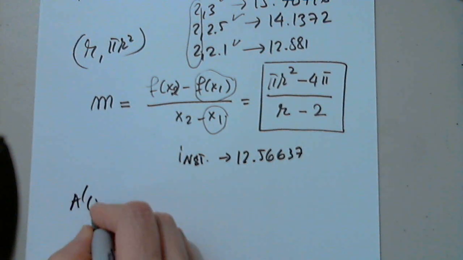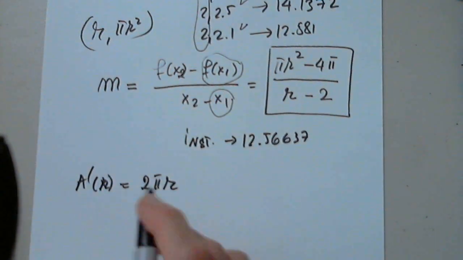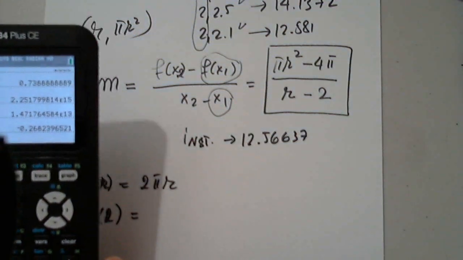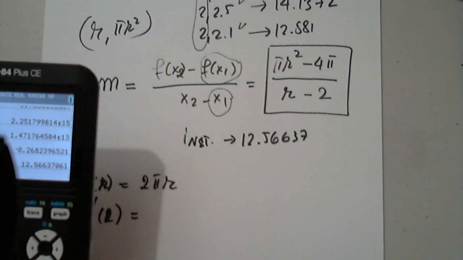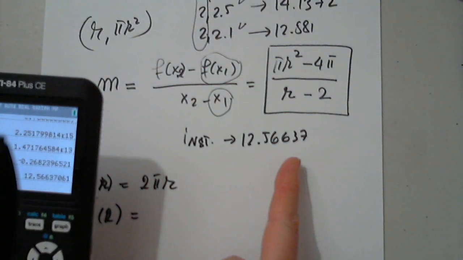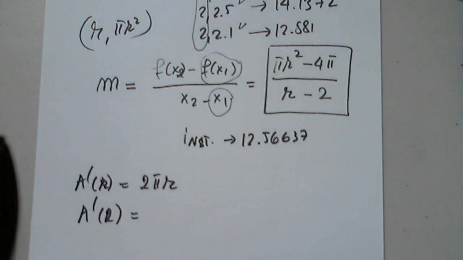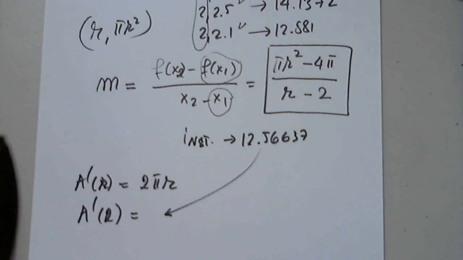I know what A prime is: 2 pi r, and all I want to plug in is 2. So it's 4 times pi, 12.56637. That's the best approximation. I don't have to do anything else. It's this one, because now we know how to check. We didn't know that when we started.